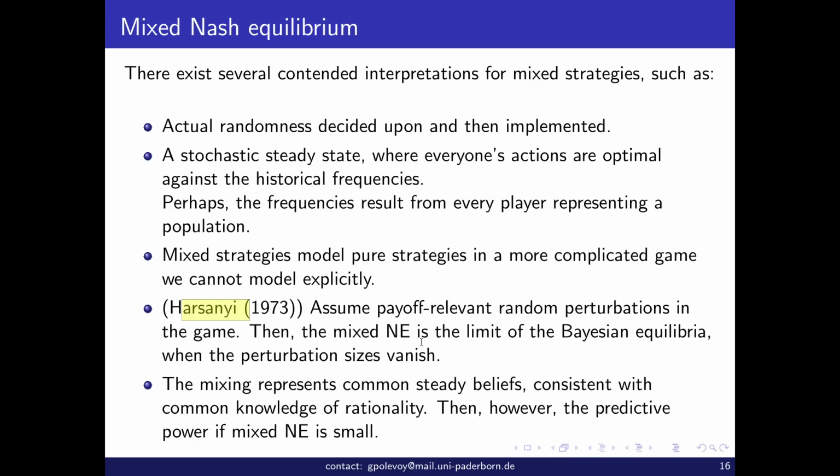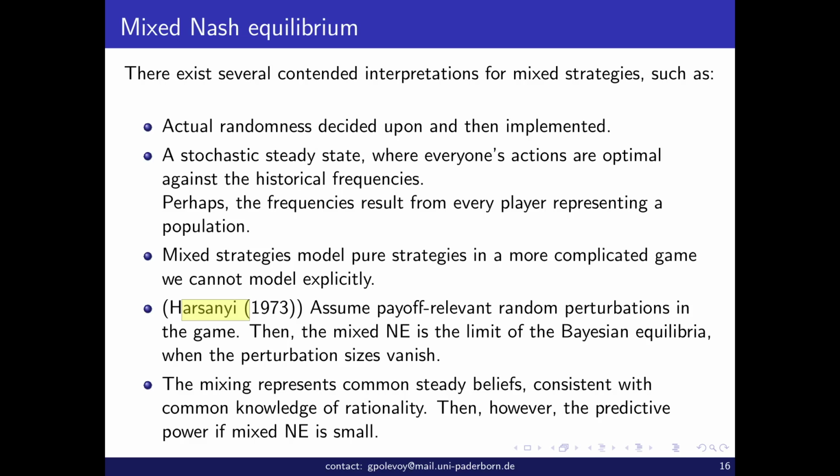Another very famous explanation is the following model by Harsanyi, who was a very, very famous game theorist, also one of the Nobel Prize laureates for game theory. I think it was formally economics, but he really did a lot of game theory. So he said that assume that the player relevant conditions are not fixed, that there are random perturbations, and you can only know what is the concrete realization of random perturbation about you.